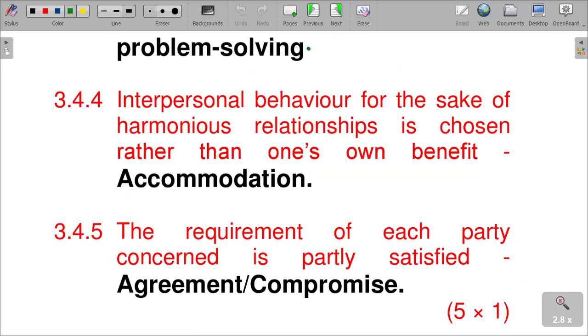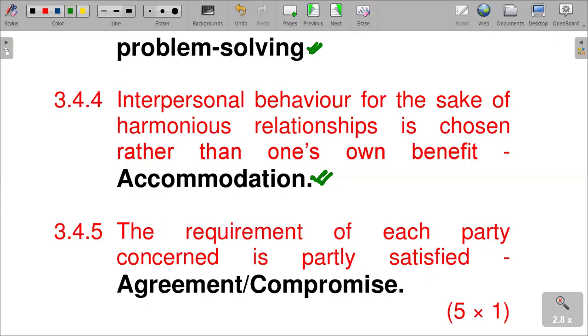Finding a solution beneficial to all parties is called cooperative problem solving. And then interpersonal behavior for the sake of harmonious relationships, chosen rather than one's own benefit, is accommodation. It means healthy, important working relationships are chosen rather than one's own benefit.